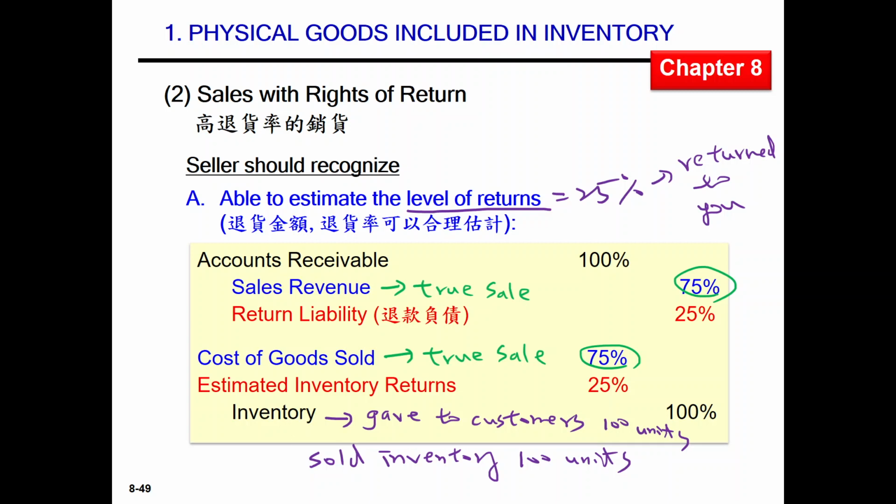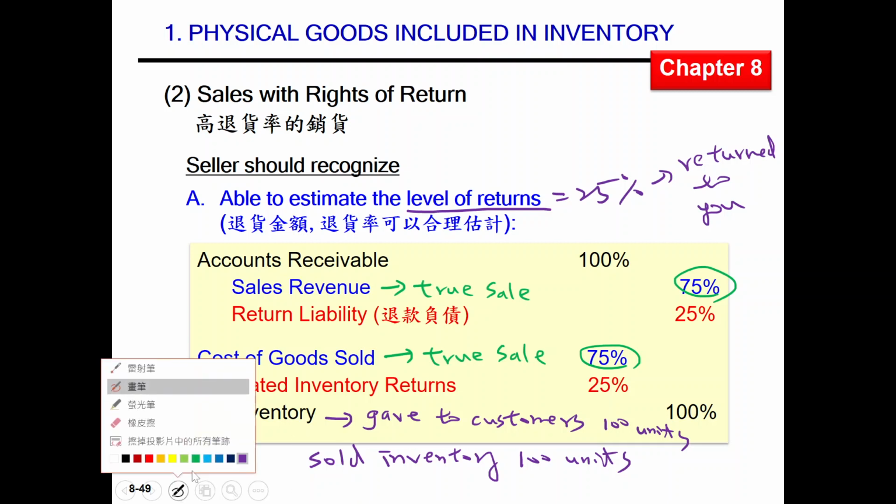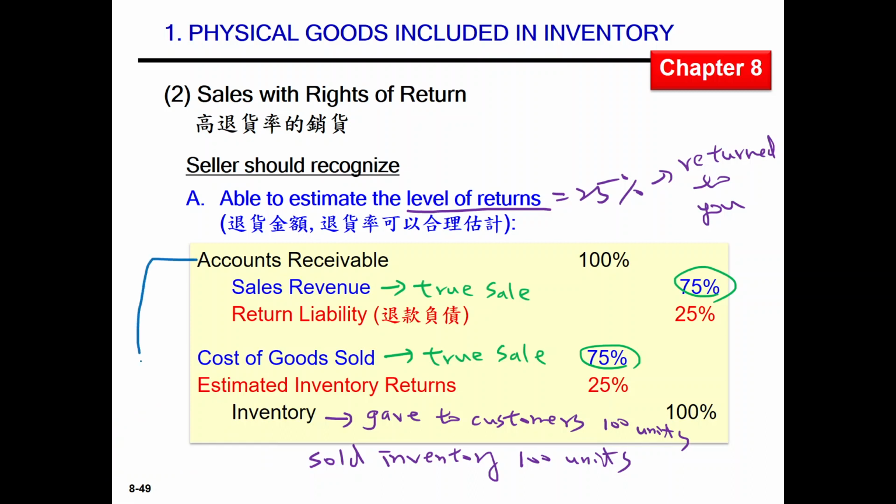But since I gave customers 100 units, how much money will you ask customers to pay now? Of course, 100. That's why for accounts receivable I ask the customer to pay me back 100%, because you gave them inventory of 100.